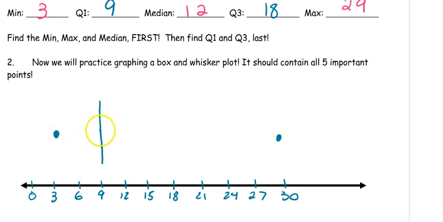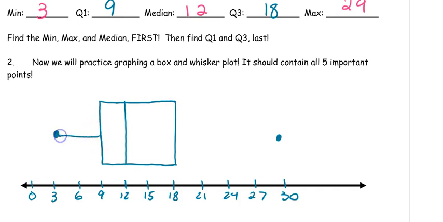You want your dot to be about the middle of that vertical line. And then Q3 is at 18. And then our median is at 12. And we're going to connect the edges, hopefully a little nicer looking than mine. And that makes our box. And then we connect the box to our dots for the min and max, and those create the whiskers.